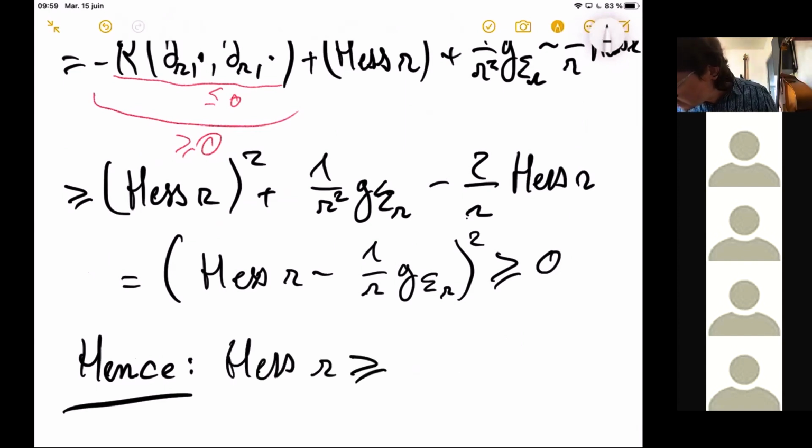So the Hessian of R is greater than 1 over R g sigma R.